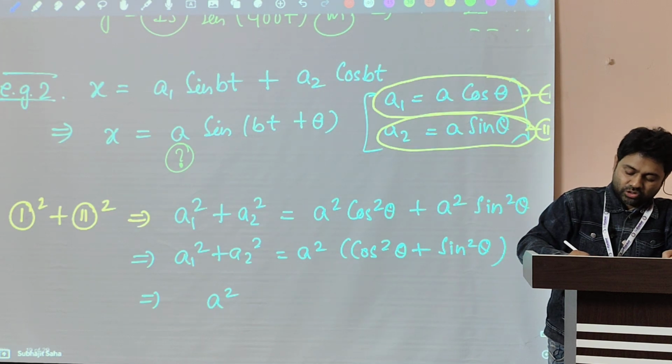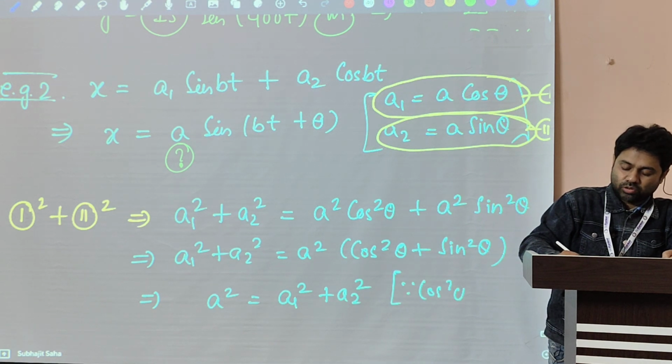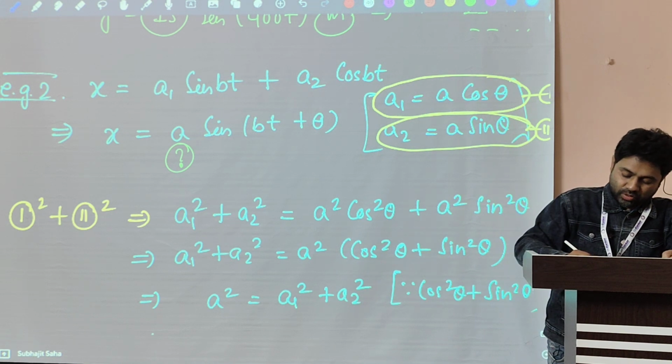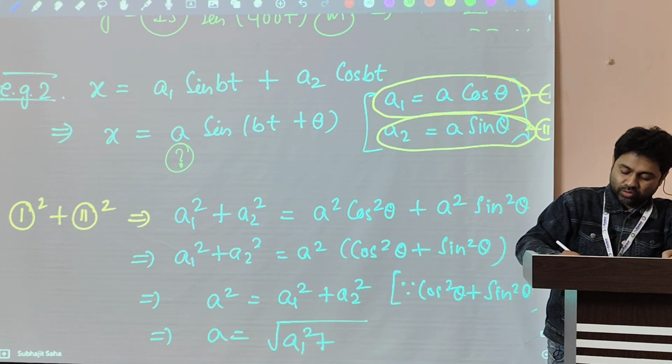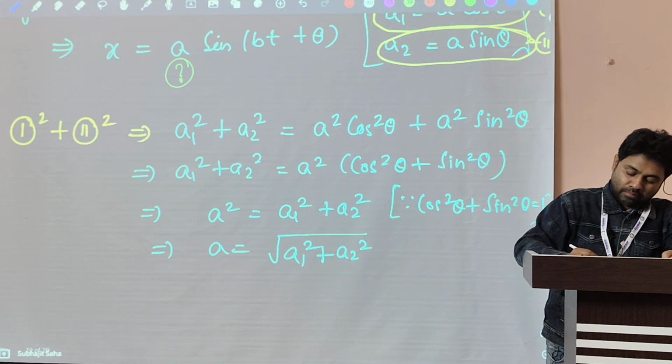So a square equals to a1 square plus a2 square, since cos square theta plus sin square theta would be 1. So a would be equal to root over a1 square plus a2 square, and that's the amplitude of the combined SHM motion.